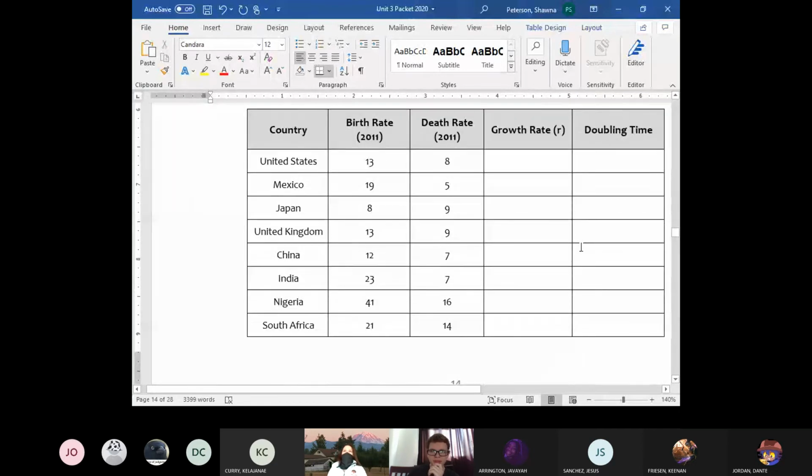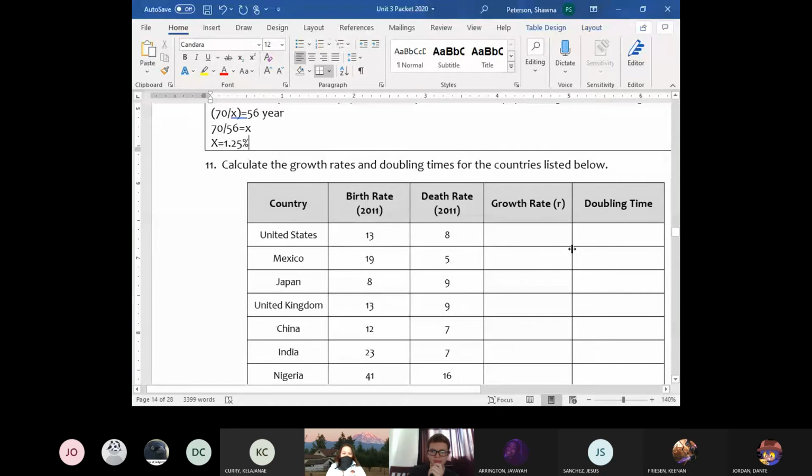So, calculating growth rates and doubling time. We've got this whole table to do, but once you do one, it's super simple because it's the same process the whole time.